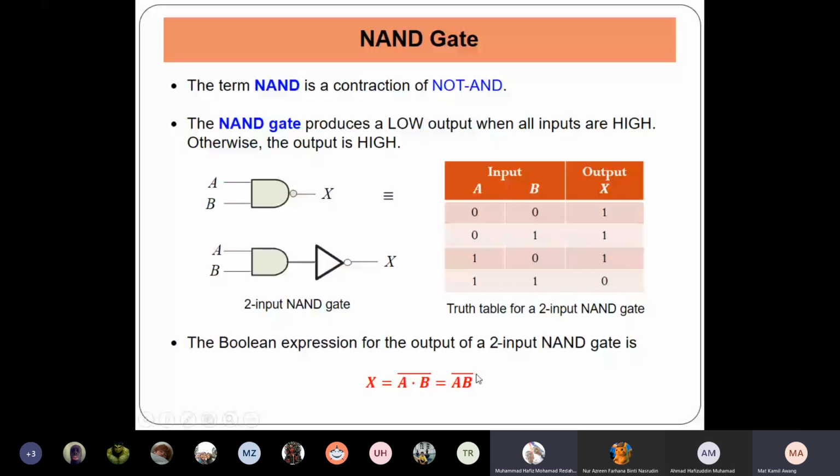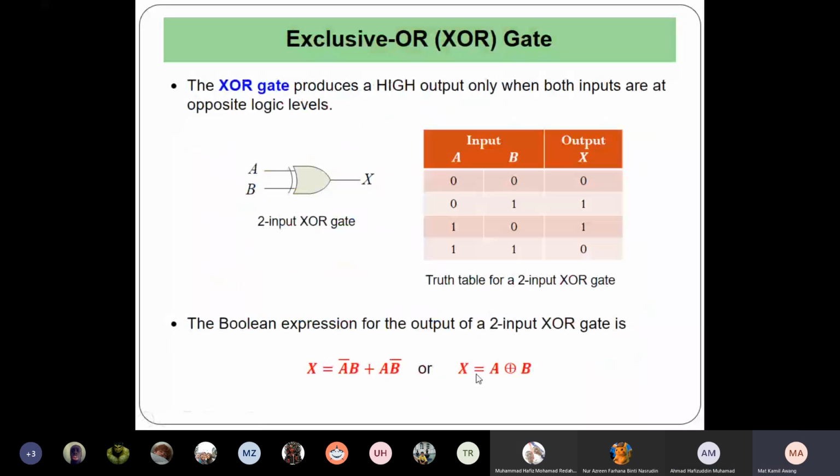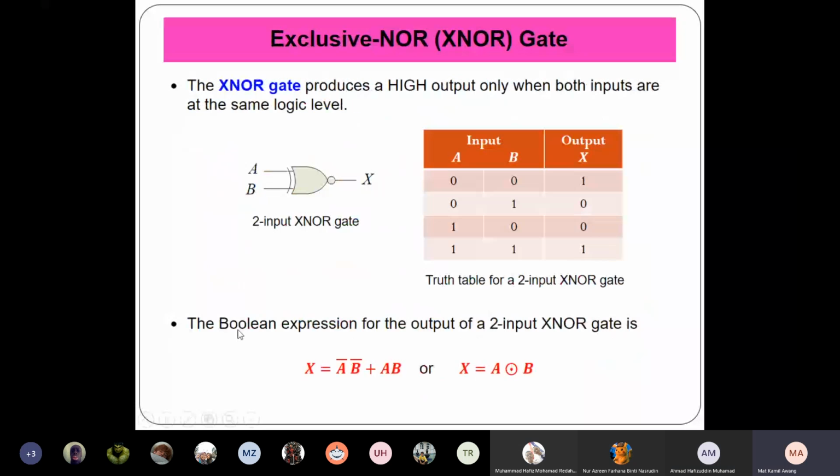Whereas this one, you NOT A, NOT B, then you AND. Plus A and B. So you have to be very careful when reading this. A B bar is different from A bar B bar.